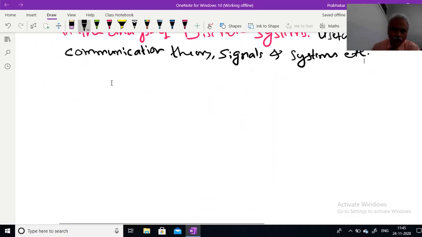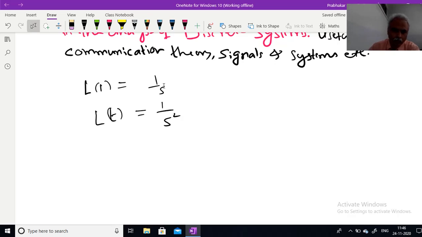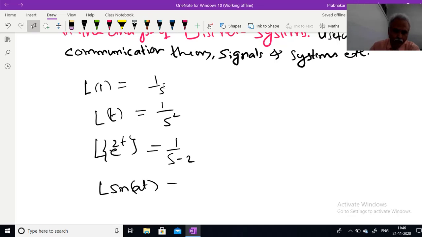Now let us observe what we know. Suppose Laplace transform of 1 is 1 by s. Laplace transform of t is 1 by s square. Laplace transform of e raised to 2t is 1 upon s minus 2. Laplace transform of sine of at is a by s square plus a square, and so on and so forth.